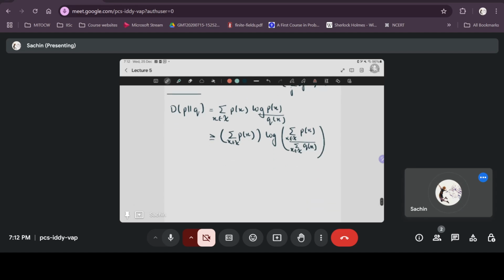We know that summation over all x P of x is 1 and summation over all x Q of x is also 1. So this is 1 times log of 1 over 1, which is 1 times log 1, which is 0.